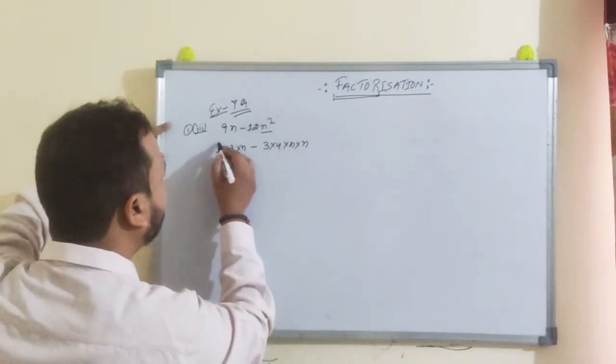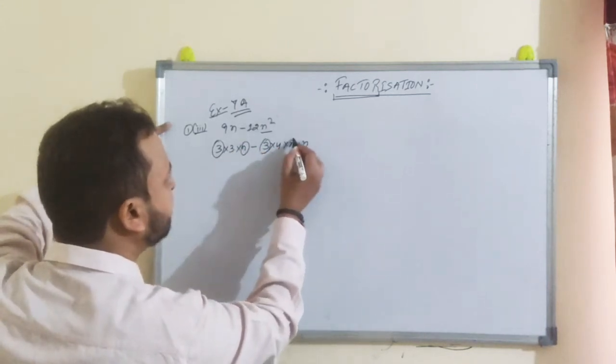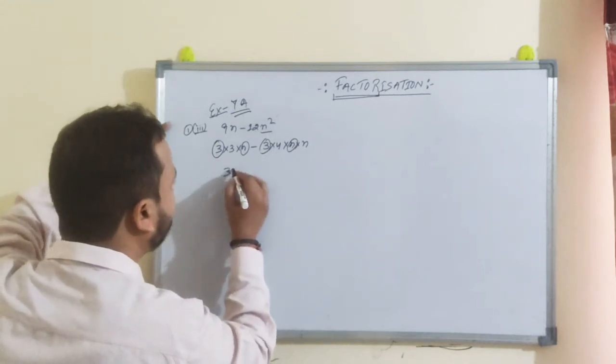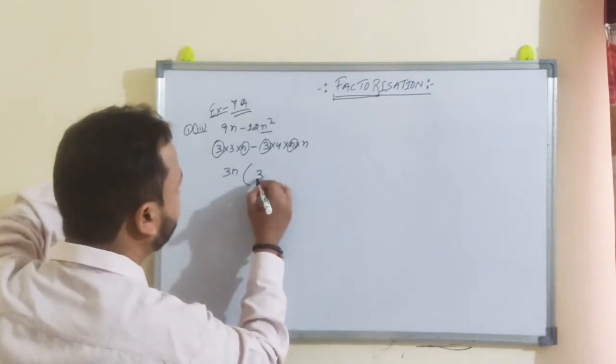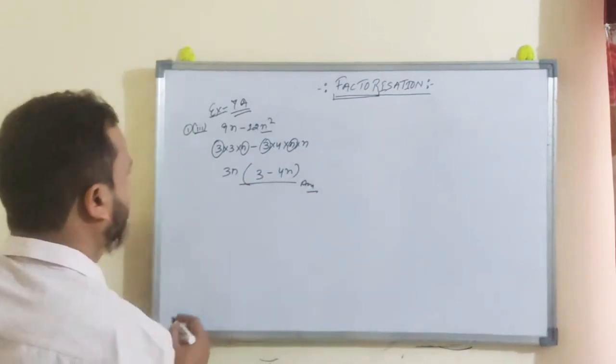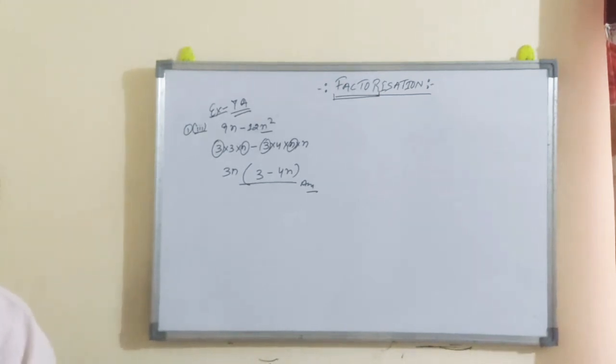So here 3 is common, and n is common, so you can take 3n common, and you're left with 3 minus 4n, and that is your answer, right?